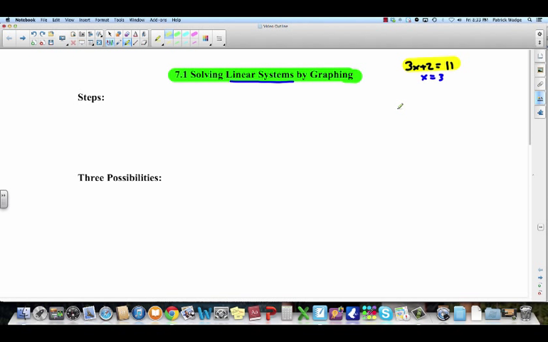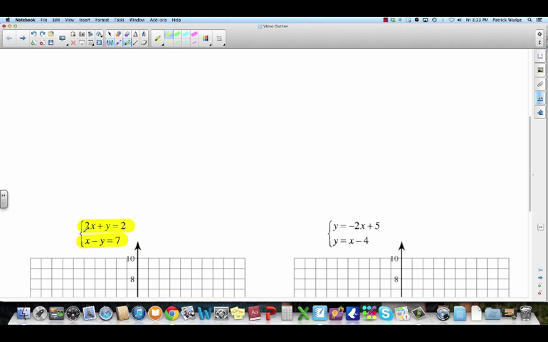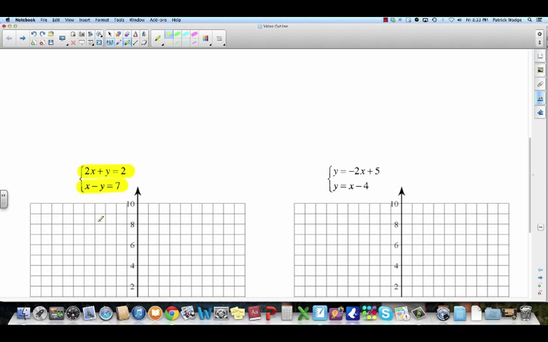The other very important difference is up here there's only 1 letter, x. Down here there are 2 letters, x and y. And this is always the way it's going to be. If you have 2 unknowns, an x and a y, you need at least 2 equations to solve it. If you had 3 unknowns, x and y and z, you'd need 3 equations. But for this year we'll always have 2 equations. And it turns out there's 3 ways to solve them.